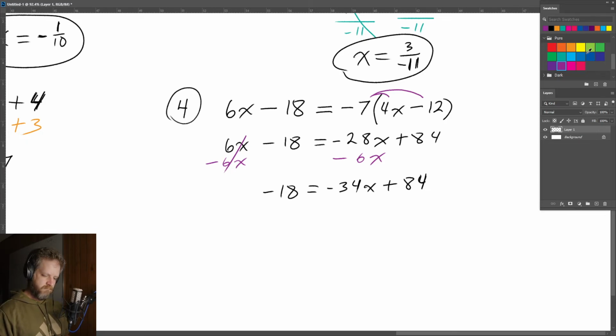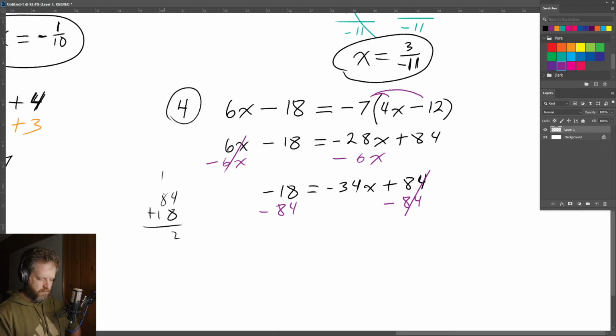Should we do -84? That sounds just fine. -84 minus 84. That cancels. So what do we end up with on the left side? -102. Negative, right? Yeah, negative.